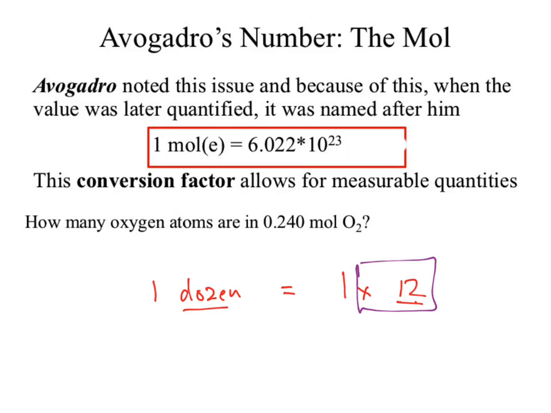Okay, well, why? What is a dozen measuring? 12 what? Anything. Not quite anything. 12 things. What is grams? Grams is not a thing. Grams is a measurement.